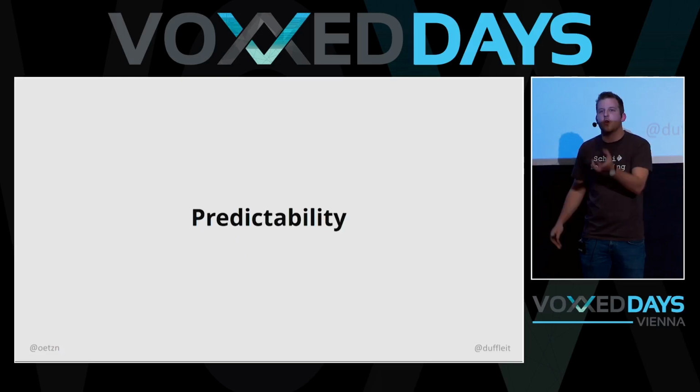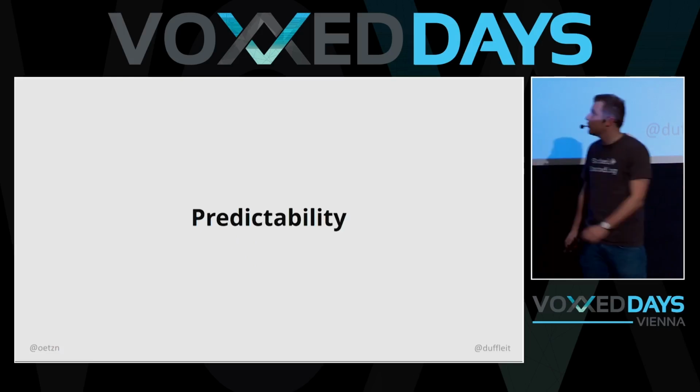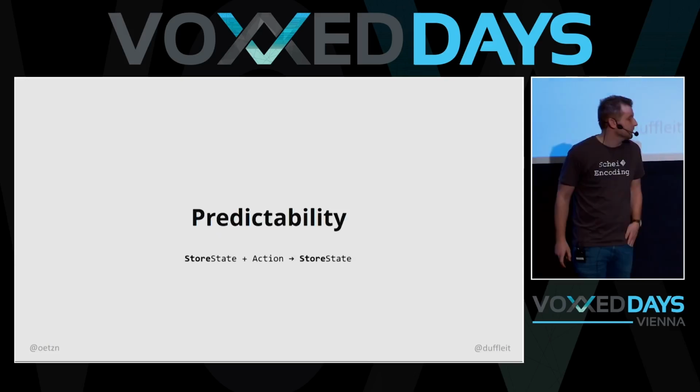You know how actions will change the state in your store, and you could describe this with a very simple function: the store state plus an action is a new store state. If you know the store state and the action, you know the new store state. This is also the reason why it's usually implemented in the form of pure functions.